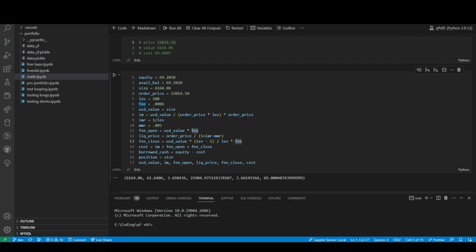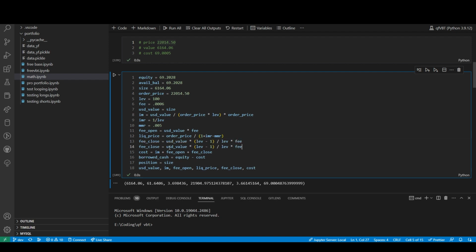So let's try the order cost for the inverse contracts. So it says fees closed inverse. So this is fees closed inverse, this is fees closed USDT.